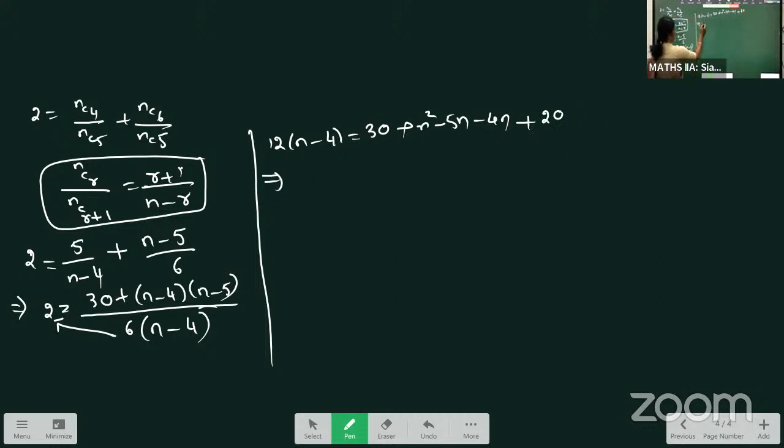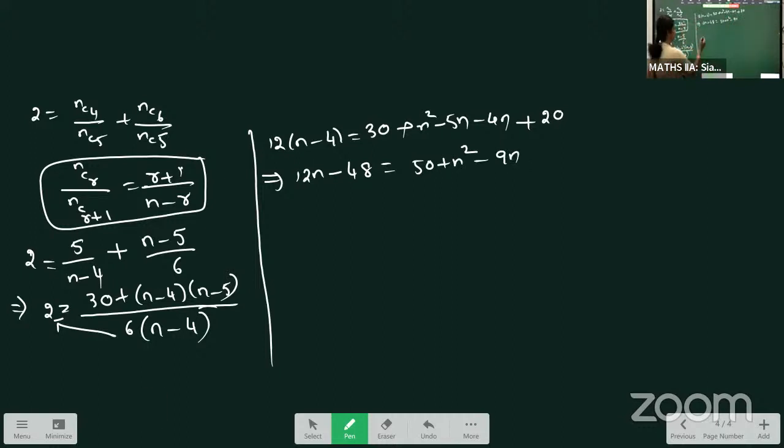Open up the bracket: 12n minus 48 equals 30 plus 20, 50, plus n square minus 5n minus 4n, minus 9n.